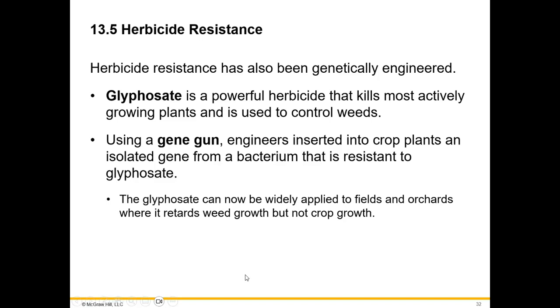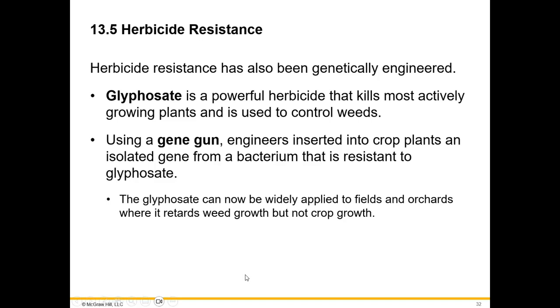But what we have figured out is that we could insert genes using a gene gun into our crop plant cells, an isolated gene from a bacterium that we have chosen, which is resistant to glyphosate.